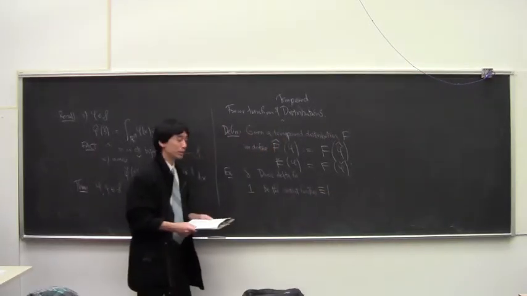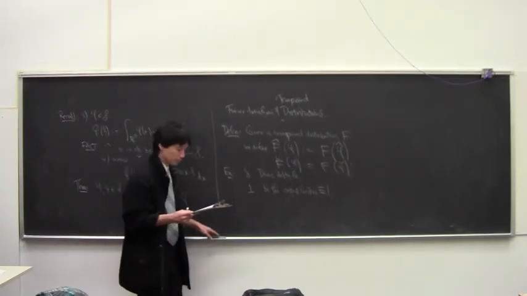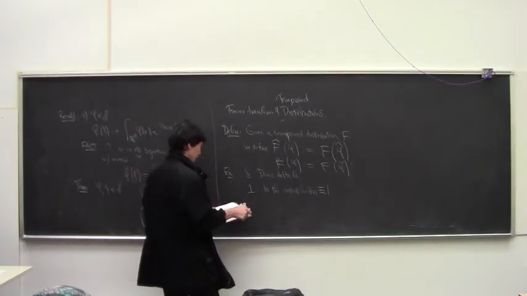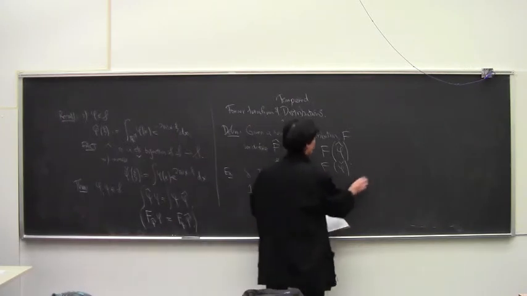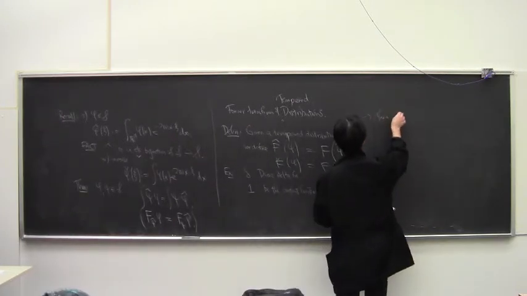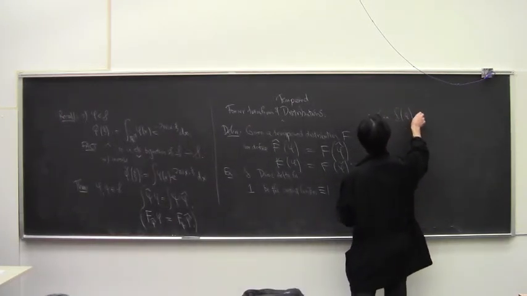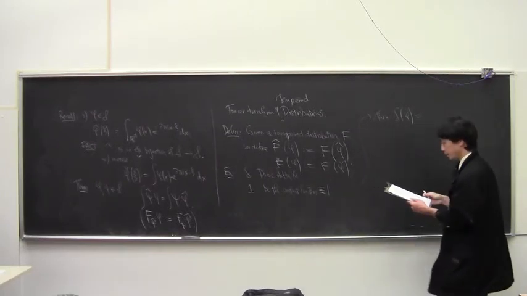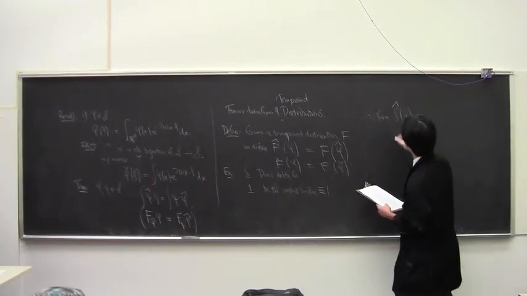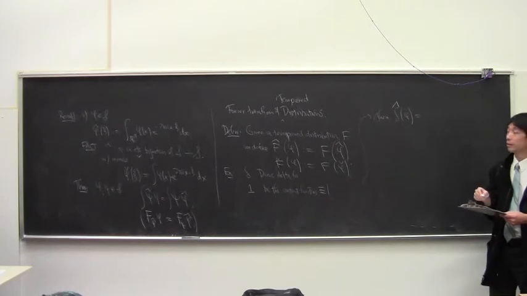So the function that's 1 everywhere. Then, if you take the Fourier transform of the Dirac delta, what does that do?